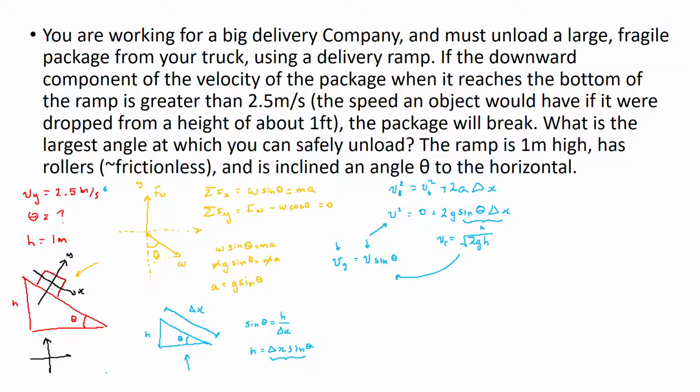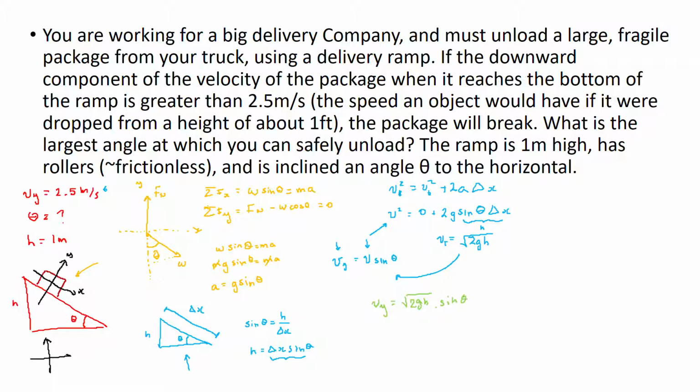Let me change colors, a nice green would do it. The velocity in y is going to be equal to the square root of 2gh times the sine of theta.